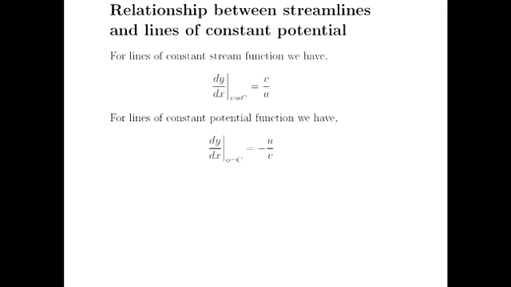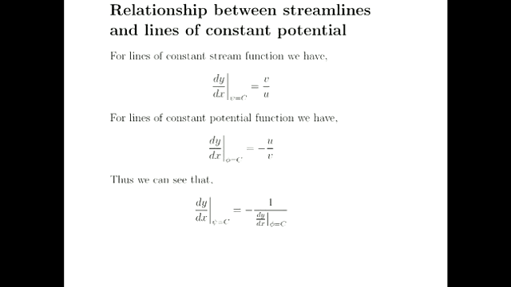So what we've got is two expressions. One is the gradient for a line of constant stream function. One is the gradient for a line of constant potential function. I guess you should see the answer staring you in the face there, really. What we can write is that the gradient for a line of constant stream function is equal to 1 on the gradient of a line of constant potential function, which tells us that they're mutually perpendicular.